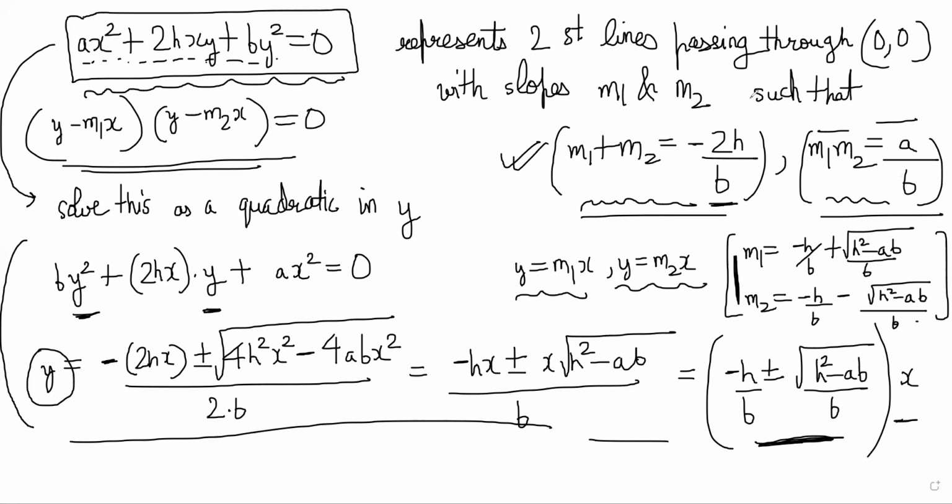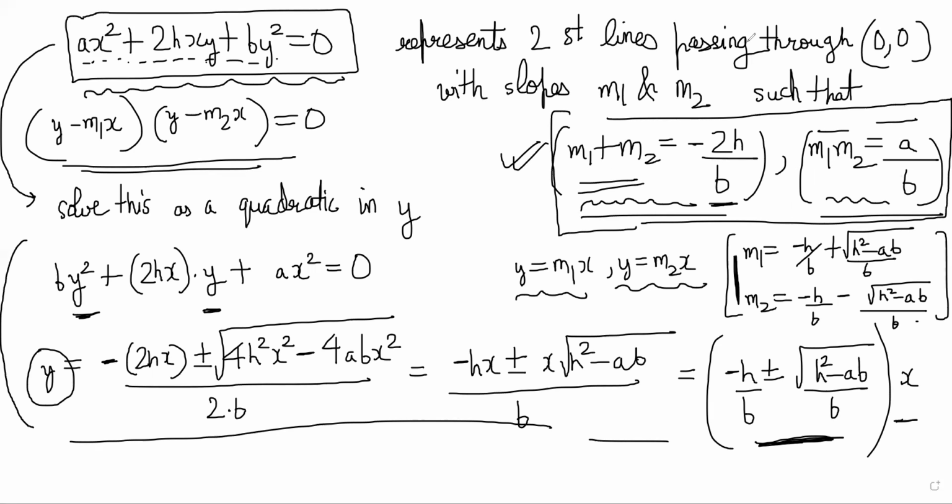Remembering these results gives you the line equations instantly; you just have to solve these two to get m1 and m2. So this was the easy case, when the two straight lines were passing through the origin.